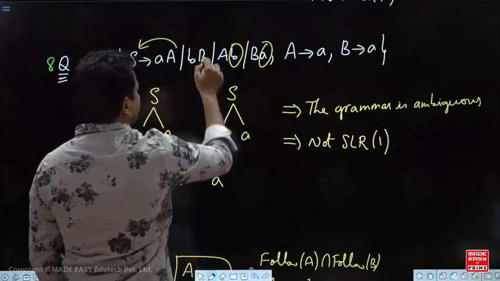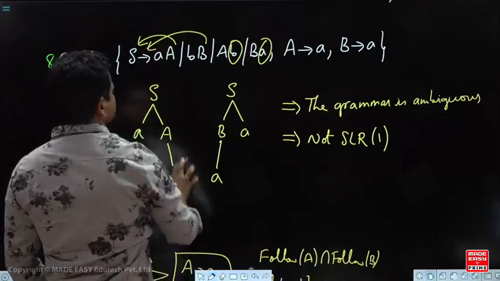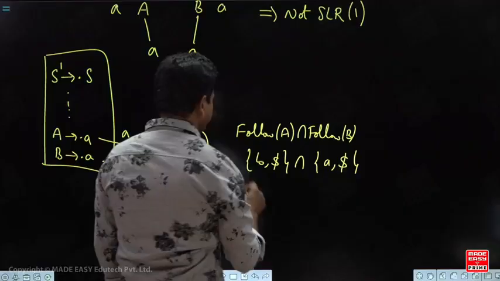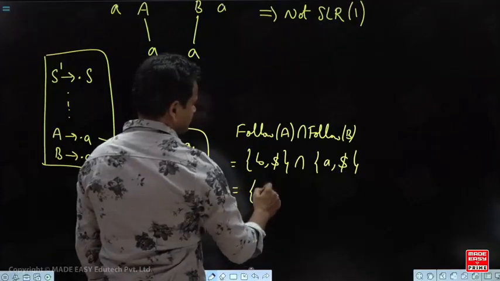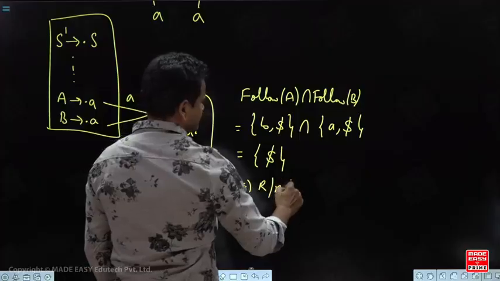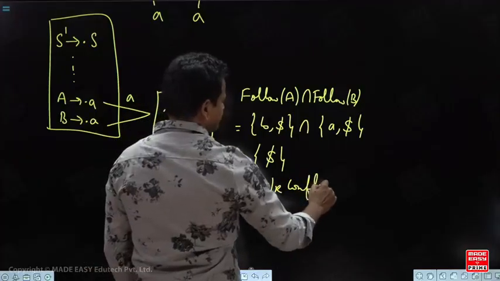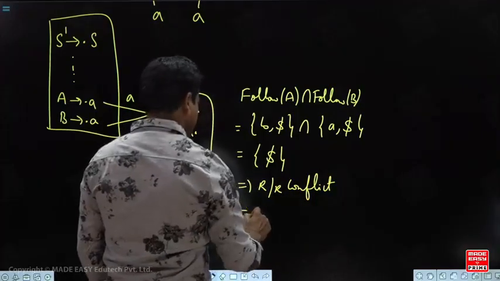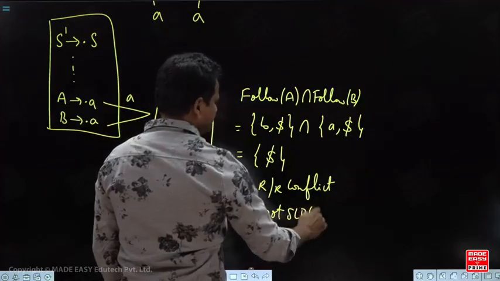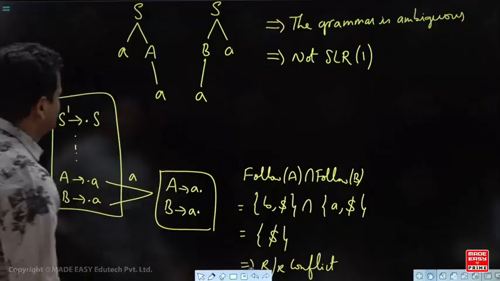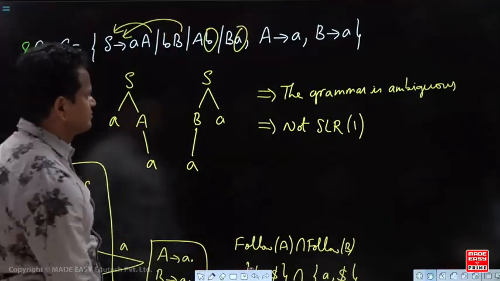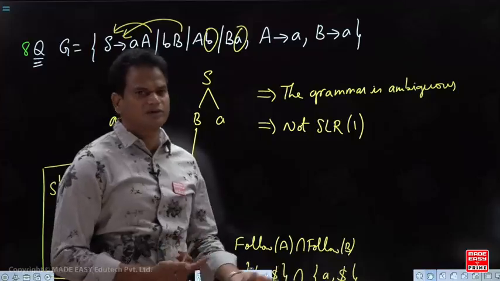Follow of B is A and also follow of S, so A and dollar. Anyway, we have common dollar. Implies two final items, reduce conflict, not SLR(1). Instead of doing like this, if you can identify that the grammar is ambiguous, then go for not SLR(1) directly. Whichever is fastest, you just follow.